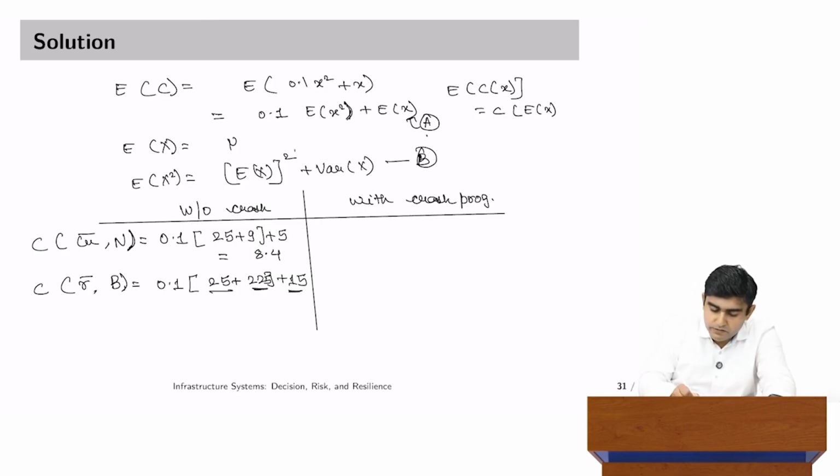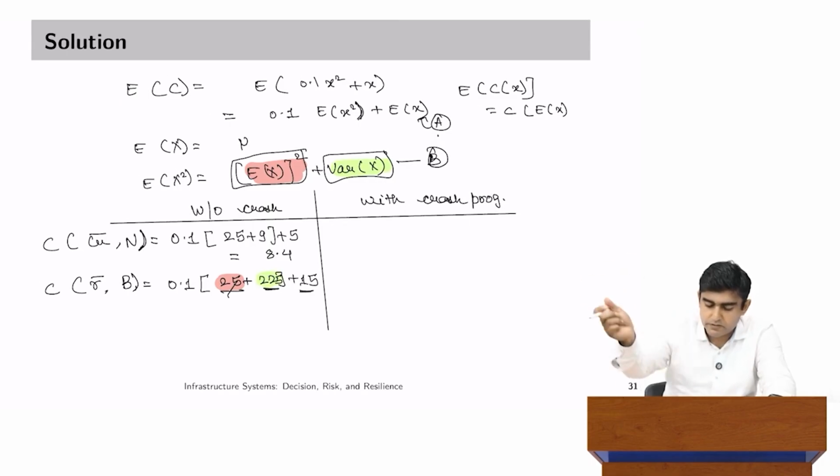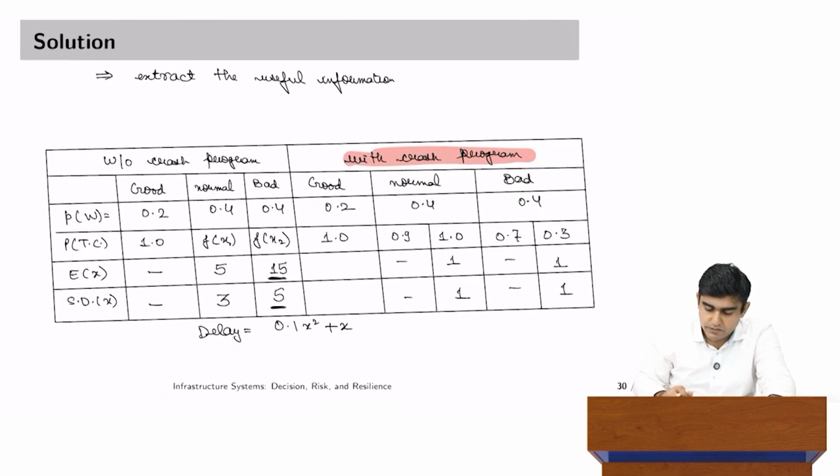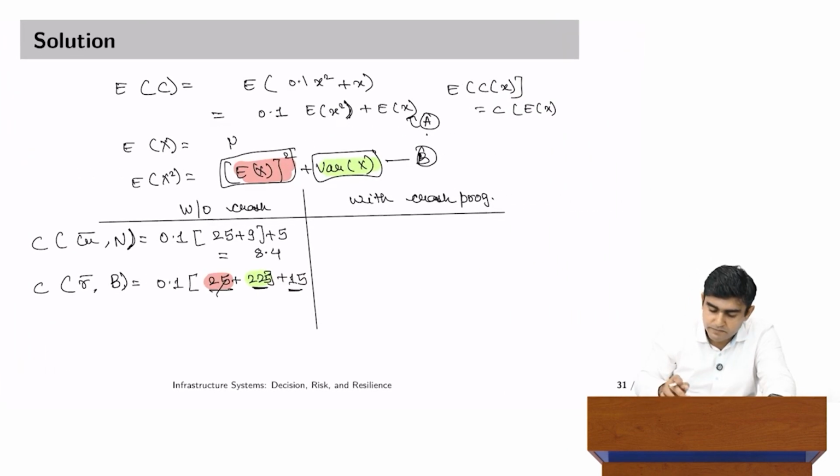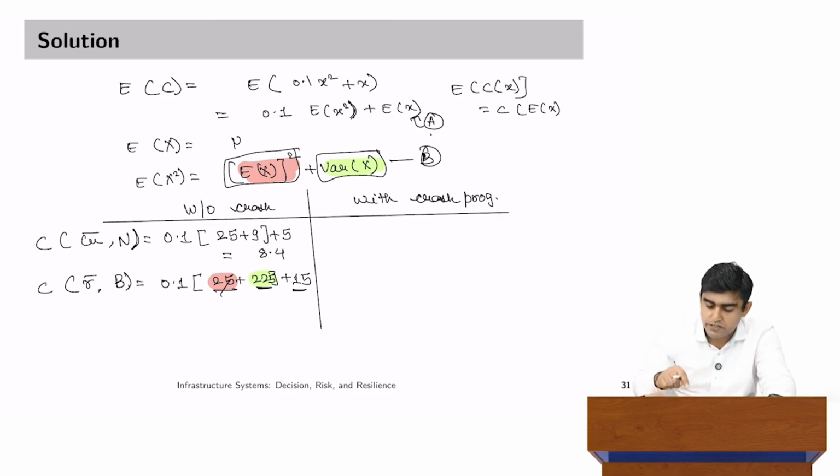So, 0.1 first value substituted here and second value is substituted here. So, we get the square of mean, which is 15 days was the mean delay, square of 15 is 225, and variance of x, standard deviation was given as 5.